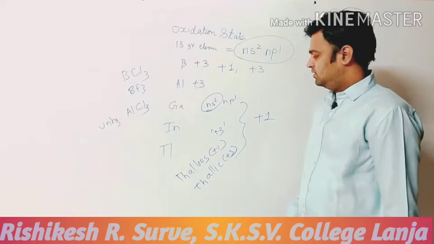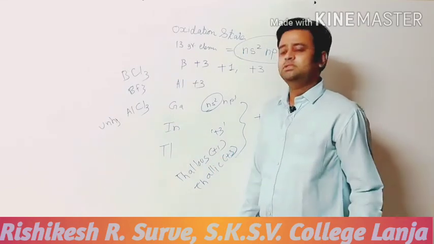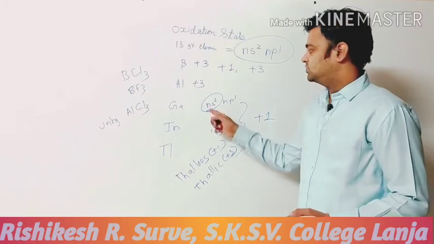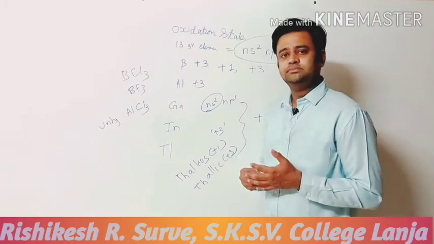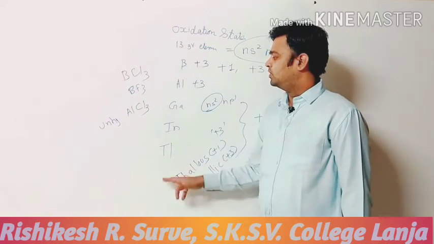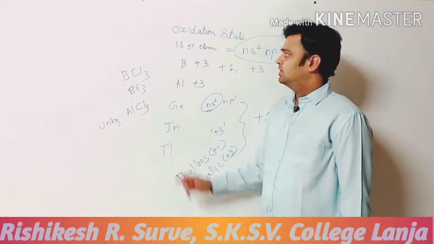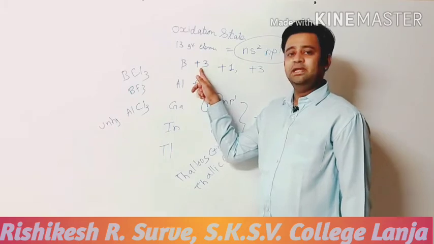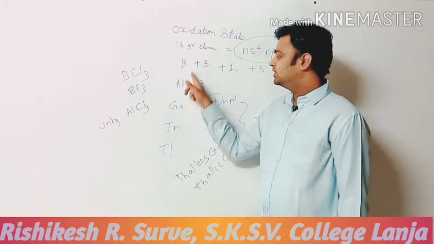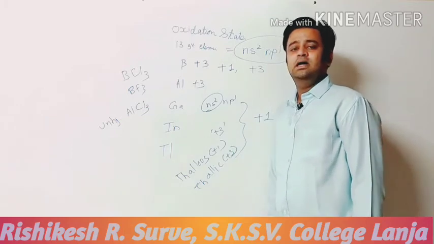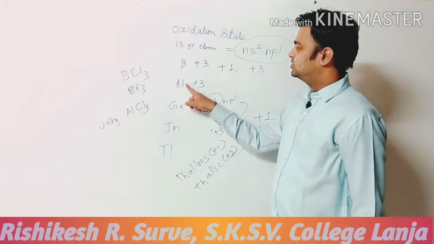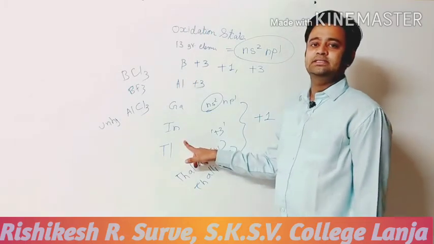Thallous compounds are more stable than thallic compounds because these two electrons require a higher amount of energy. As a result, from top to bottom, the stability of +3 oxidation state decreases, while the stability of +1 oxidation state increases.